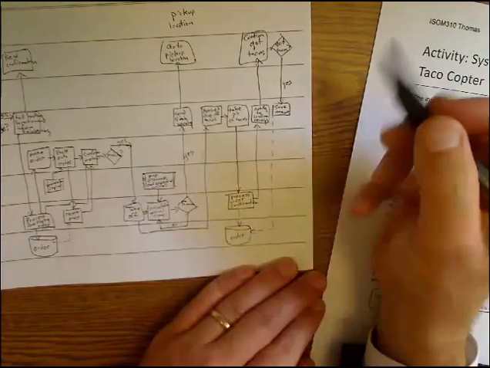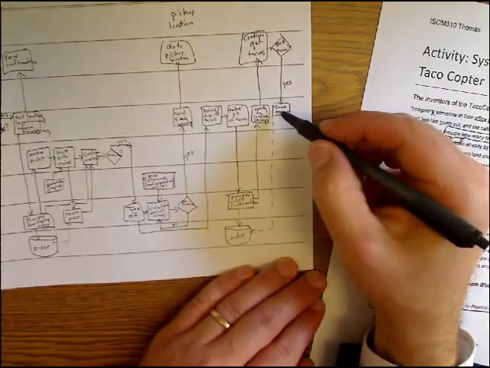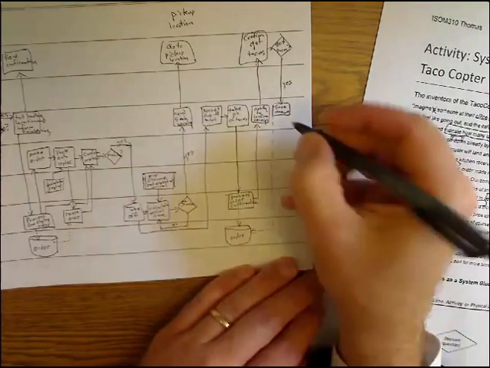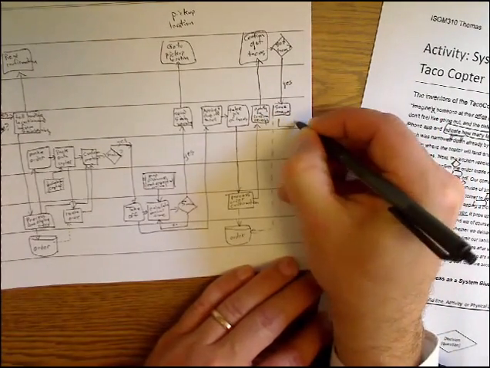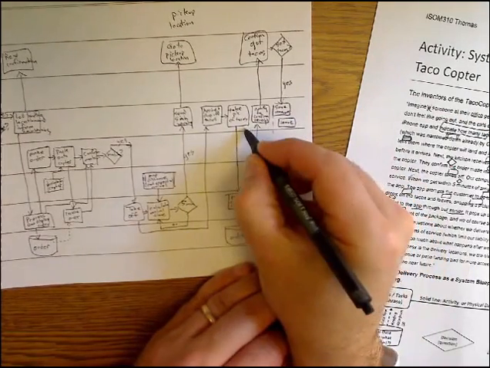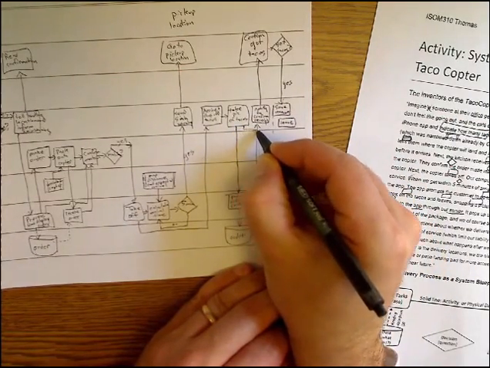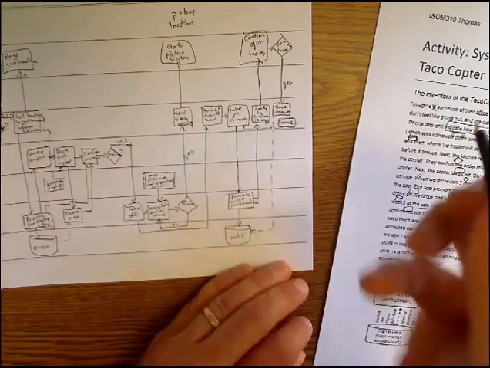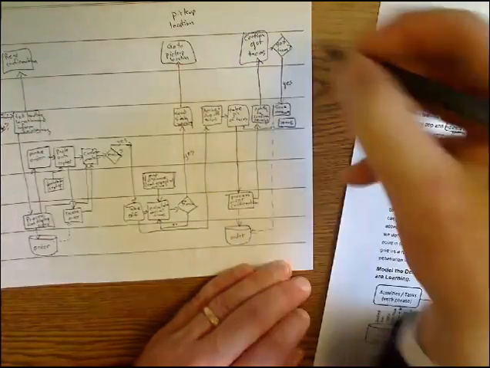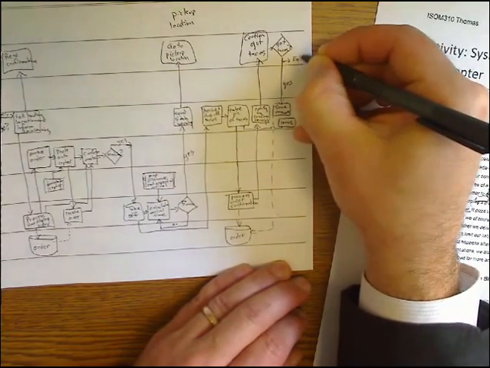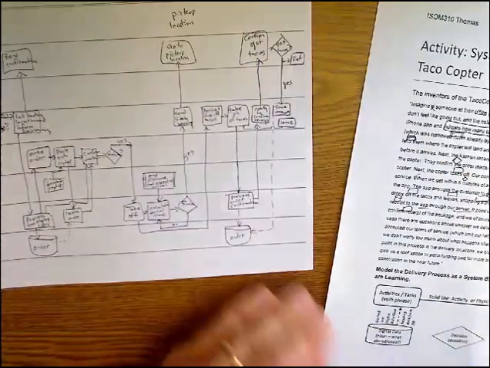It could send it as a message straight to the database, or it could send it to a back system. Typically, it would send it to a back system, and the copter is going to leave, and the guy will then eat his tacos. And I've got to bridge this to show that it's not connected, and at the same time, this guy is going to eat, and everybody is happy.